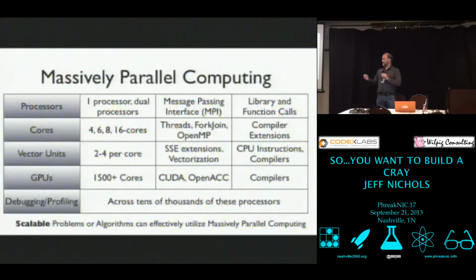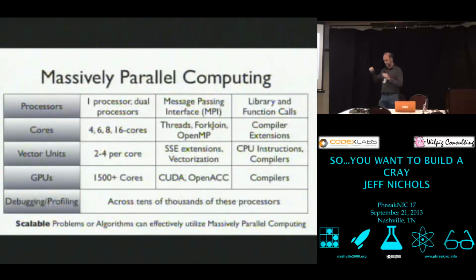But then something happened. We hit the gigahertz wall, whatever you want to call it. You're hitting a thermal barrier, among other things. So our CPU manufacturers started multiplying cores. But cores aren't computers.